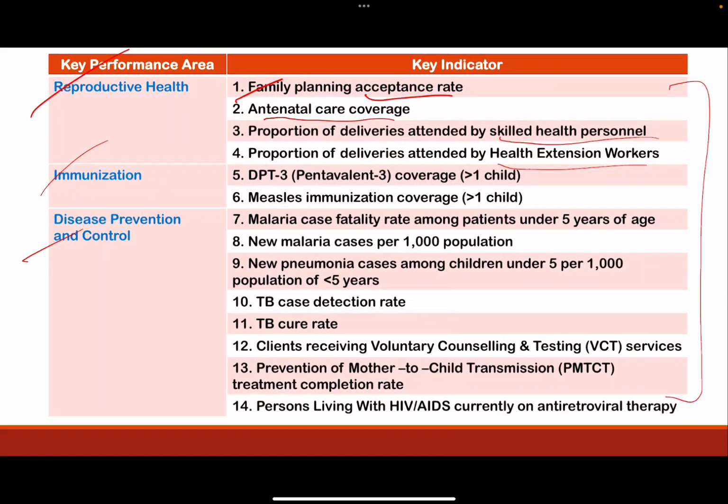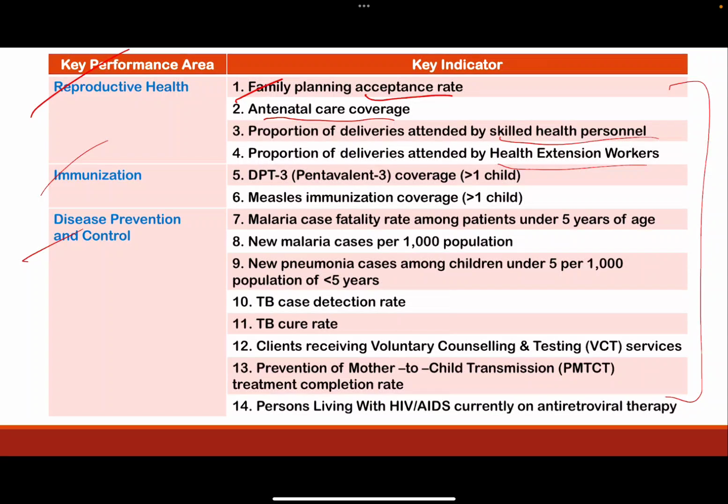Under immunization naman, we have the DPT or pentavalent 3. Okay? So when we say pentavalent, it is also called 5-in-1 vaccine. So it is a combination vaccine with 5 individual vaccines conjugated into one. So DPT is a class of combination vaccines of three infectious diseases in humans, which are the diphtheria, pertussis, and tetanus.